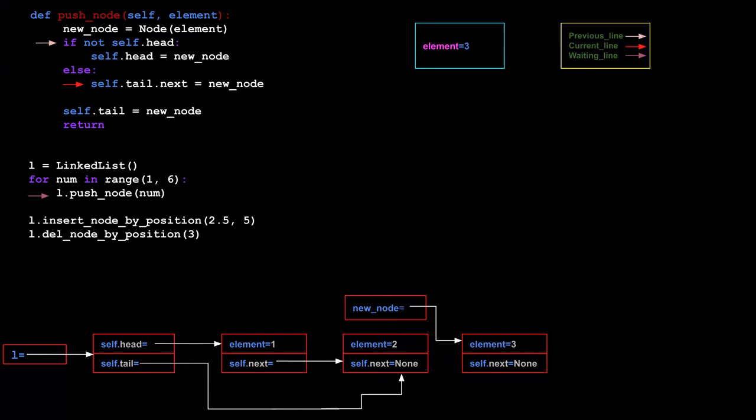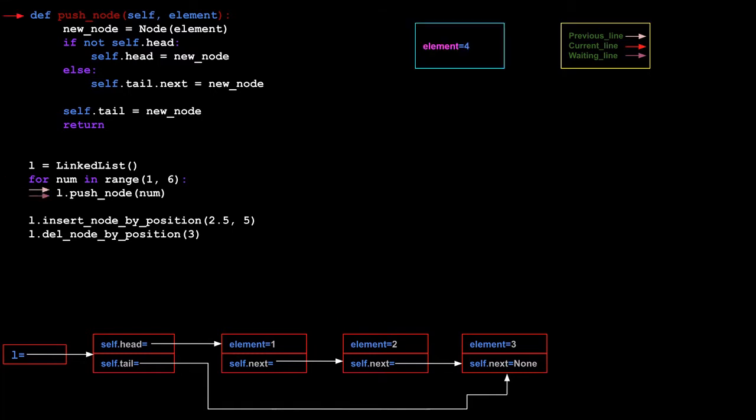Assign the field next to that node, and as you can see right now, next is equal to none. Now we are going to point next to the node that contains the element 3. There it is. And now, as I mentioned again, self.tail will point to the node that contains element 3.